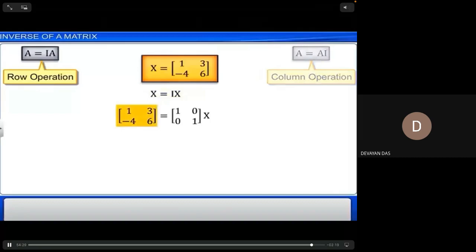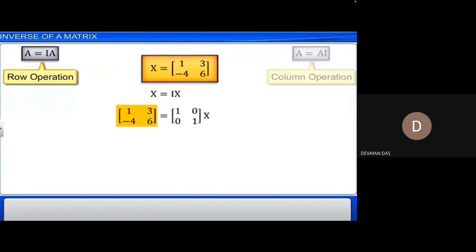So if you want to make the left hand side matrix into 1 0 0 1, already 1 is there in the first row first column. After having the 1, our intention is to make this minus 4 into 0.